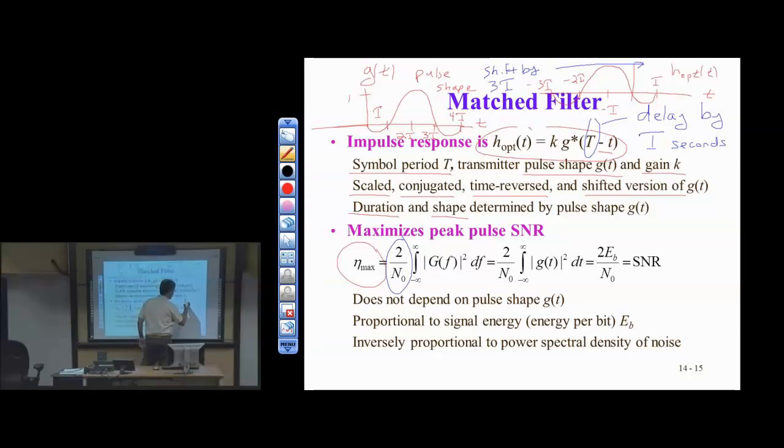So the variance that we set up earlier was this N naught over 2, and so 2 over N naught is just 1 over the variance. That makes sense, since noise power is in the denominator. And the signal power was in the numerator, right? So the signal power is the second term in this product.